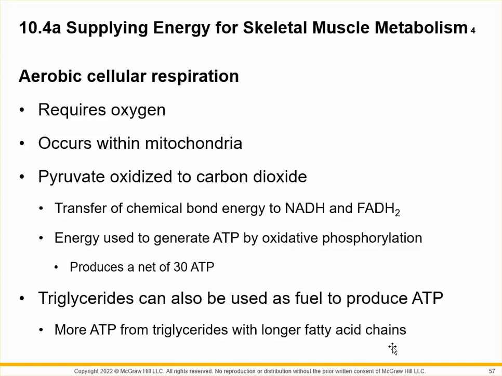Right? We can run fats into aerobic respiration, and we have a lot of ATP because the fatty acid chains have way more than 6 carbons in them. And it's the carbon-carbon bonds that provide the energy.